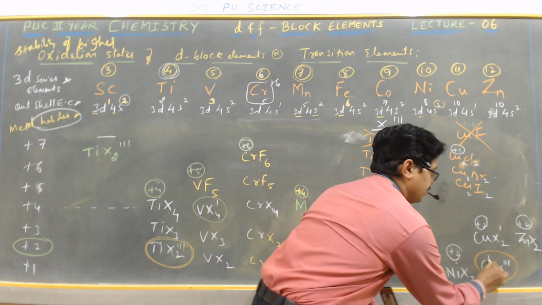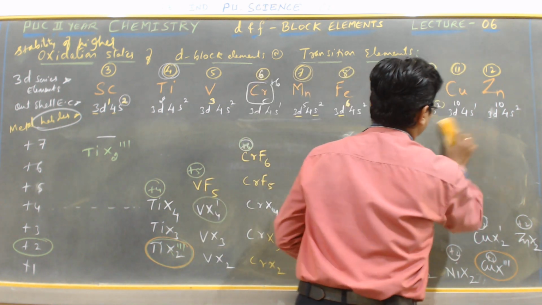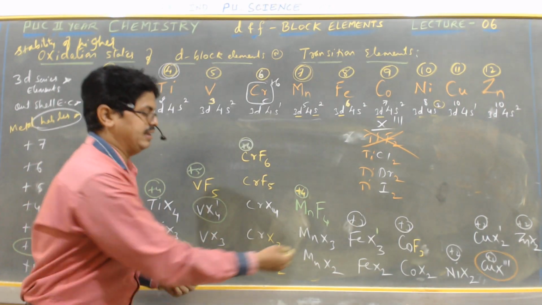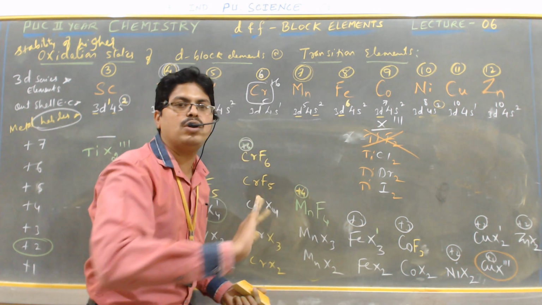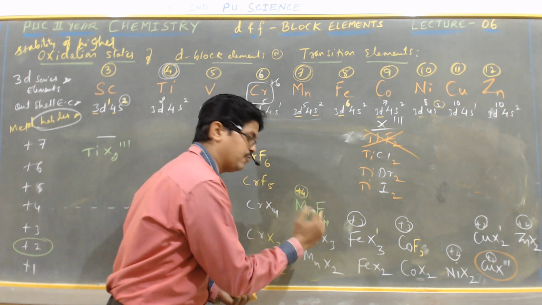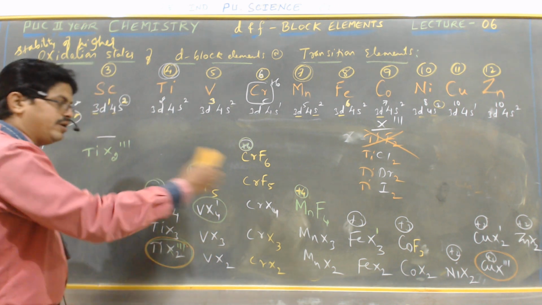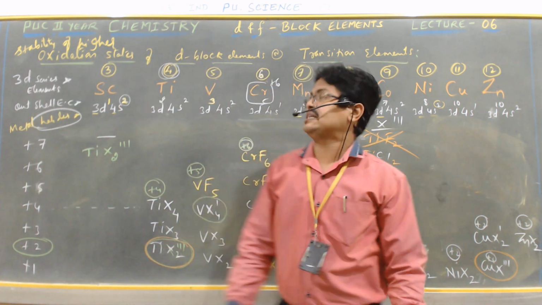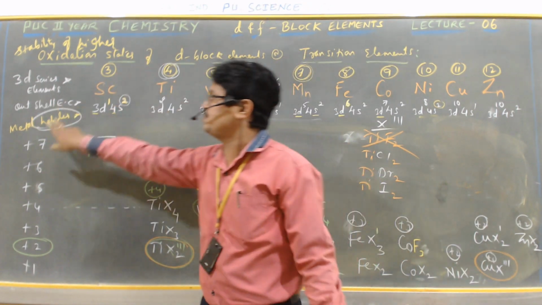Similarly, here also iron FeX3 dash indicates no iodine, only fluoride, chloride, and bromide. Okay students, this is regarding the stability of higher oxidation states with respect to halides.